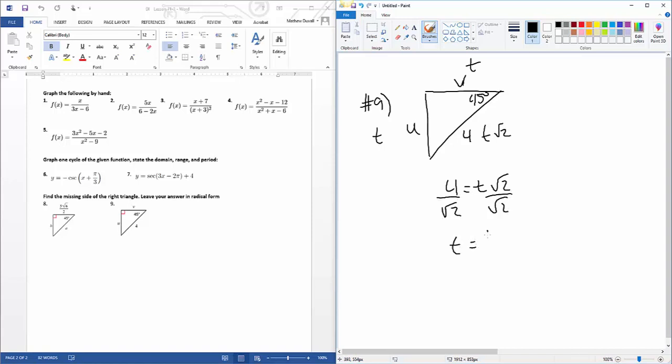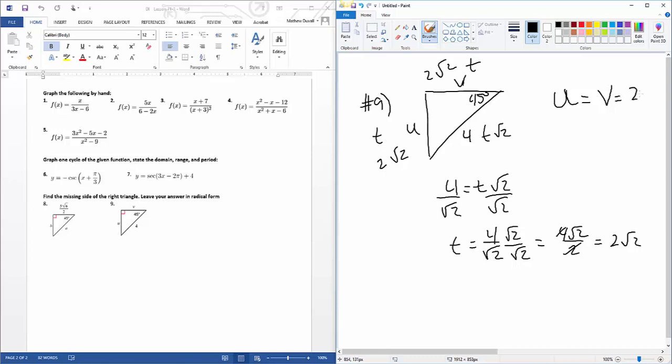T equals 4 over root 2. And so rationalize it. To root 2. So this is going to be 2 root 2. This is going to be 2 root 2. So U equals V, which equals 2 root 2.